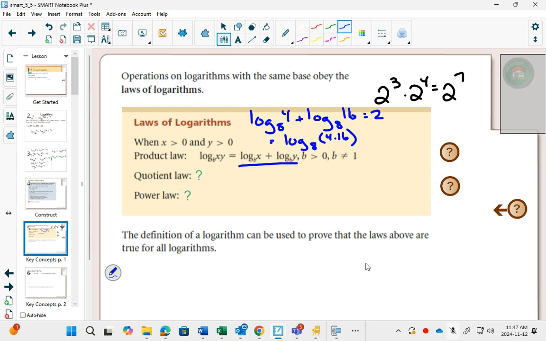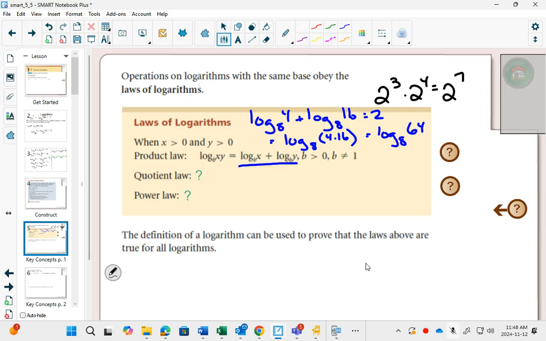If I did that, you see that you would get log base 8 of 64. And now the answer being 2 makes a lot more sense, because 8 to the exponent of 2 is equal to 64. So if you have an exponent law that says same base, add the exponents, you now have a log law that says same base, adding logs is like multiplying inside the logarithm.